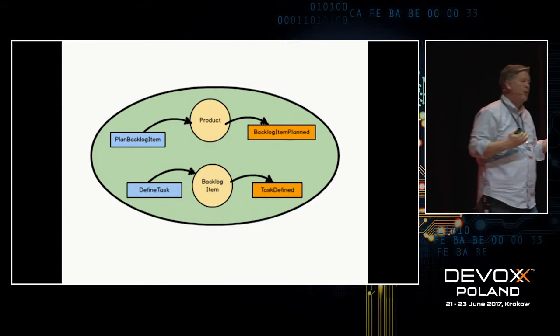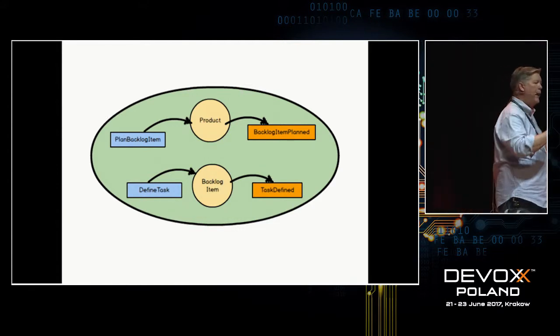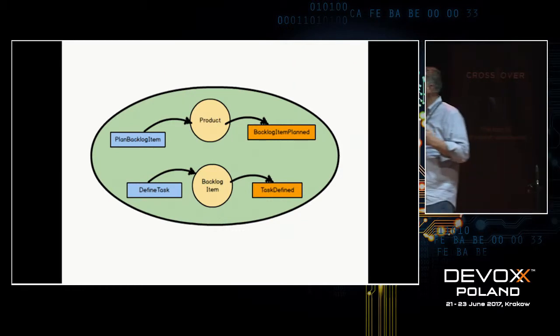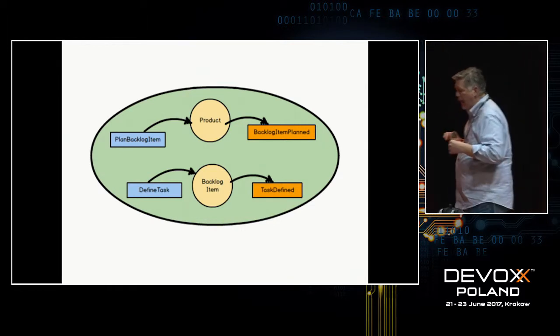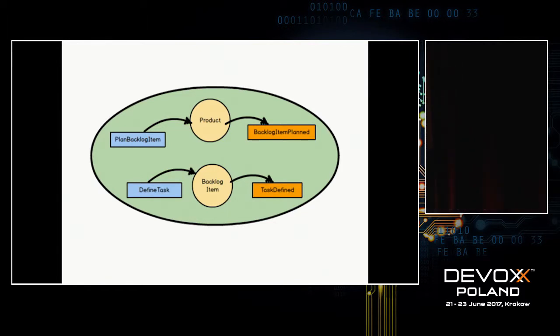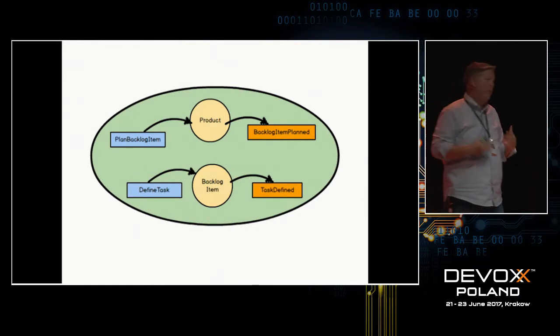All of these messages are very, very important because they carry the ideas of the ubiquitous language, and in addition, the product and the backlog item actors that are involved in these two stories or use cases or scenarios are themselves part of the ubiquitous language.